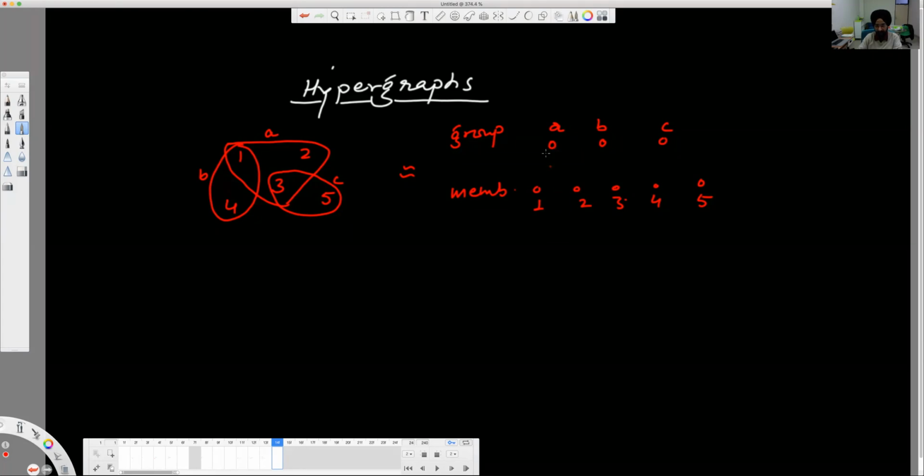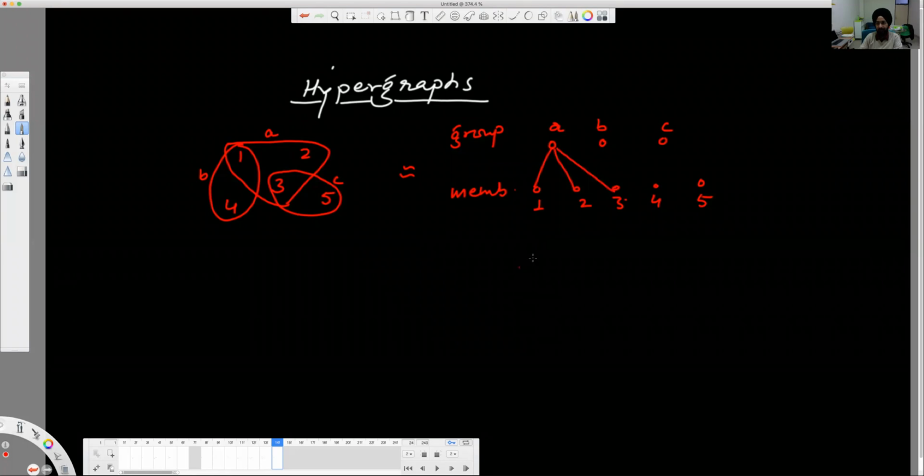Okay, so whether 1 belongs to group A, yes, 1 is in group A, right? Then I put an edge between the node in the 1 layer and the second layer. And likewise, node 2 belongs to group A. Node 3 also belongs to group A, right?